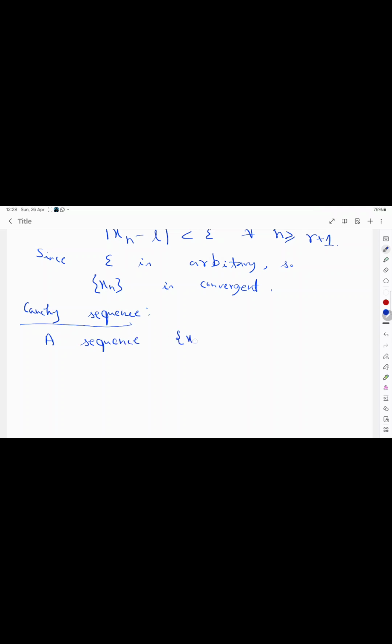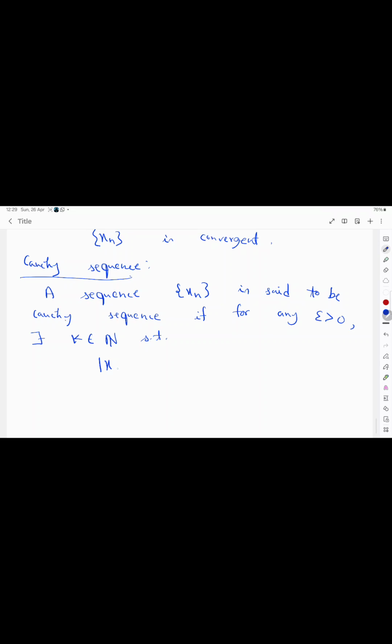A sequence xn is said to be Cauchy if for a pre-assigned positive epsilon, or you can say just for any epsilon greater than 0, there exists a k belonging to natural numbers such that xm minus xn is less than epsilon for all m and n greater than or equal to k.